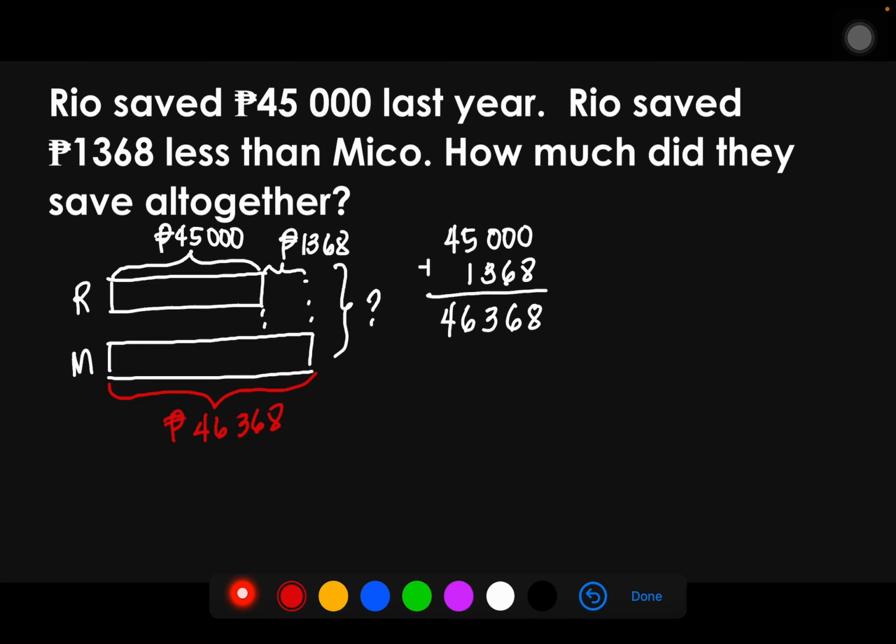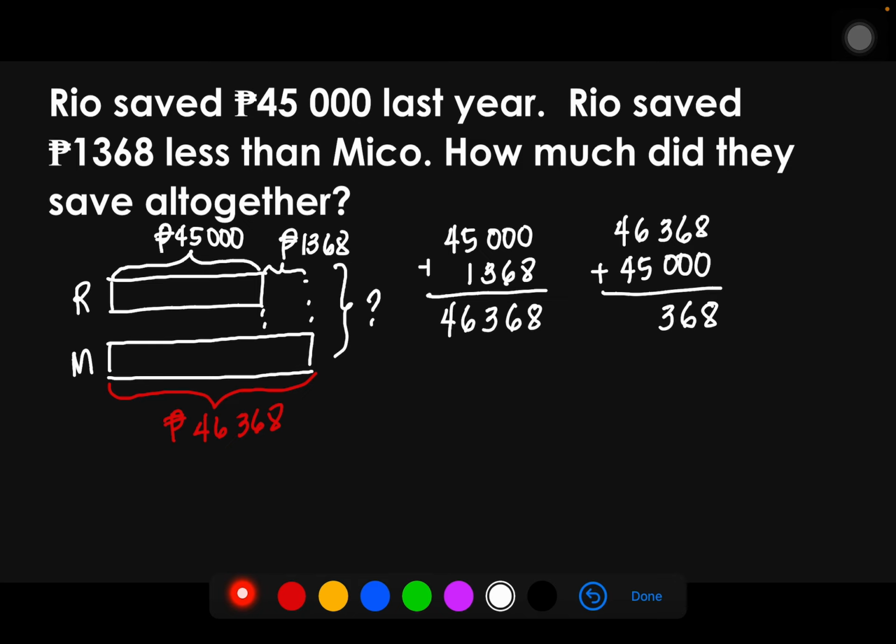46,368. And since we're looking for their savings altogether, we then add 46,368 plus 45,000. So that gives us 8, 6, 3.